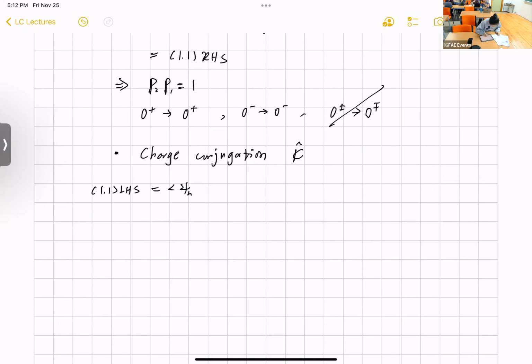Just as what we did with the parity, I will write out the charge conjugation for the corresponding meson this time, and let us insert a complete set of charge conjugation operator.